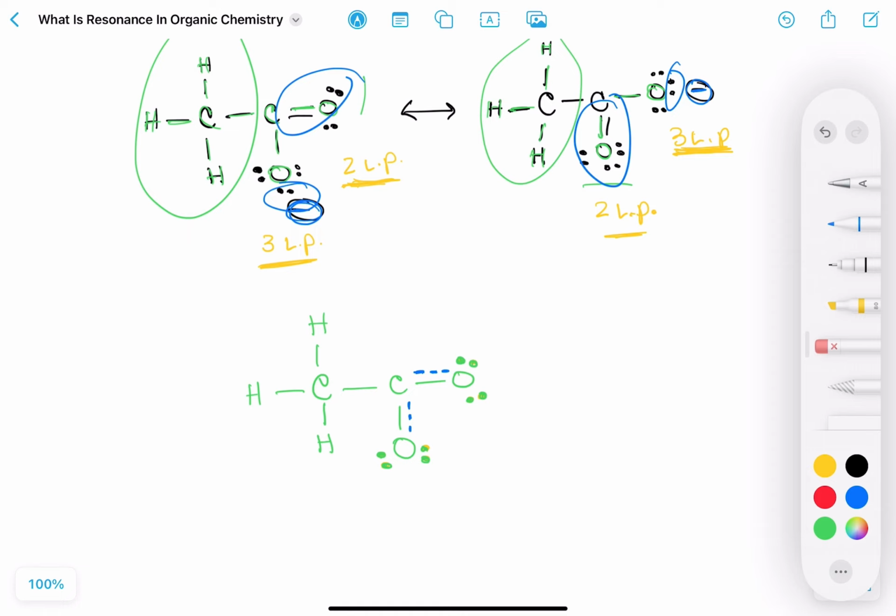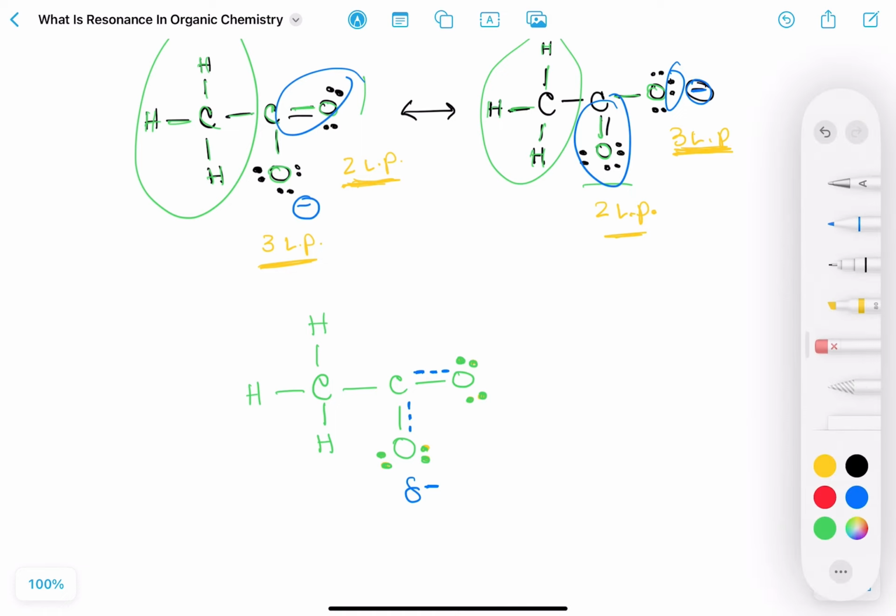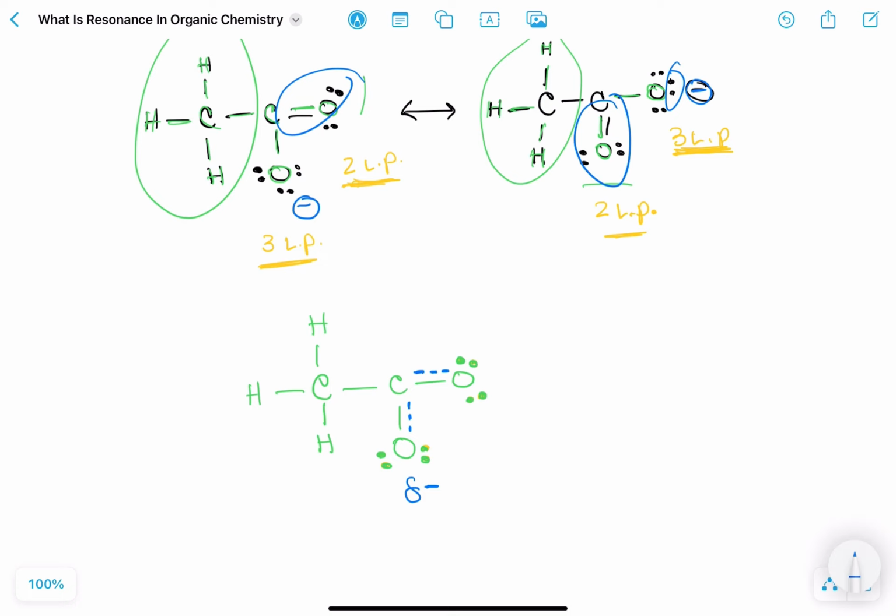Let me clean this up a bit. And a negative charge here. On the left molecule, the negative charge is at the bottom oxygen, so I'll indicate it's a partial negative. It is not fully negative because on the right structure, there is no negative. I actually drew an extra lone pair there. That should not be there. There we go. And so on the bottom oxygen, it's going to be partially negatively charged.